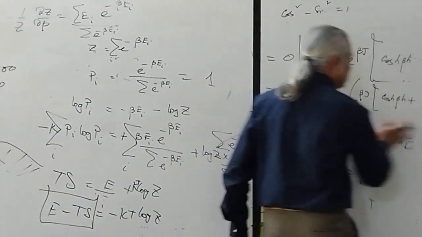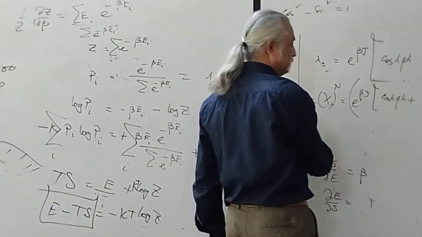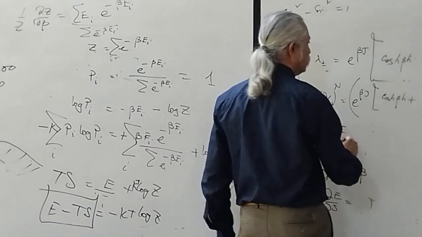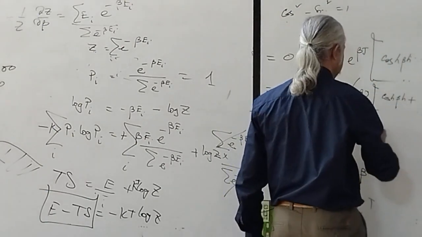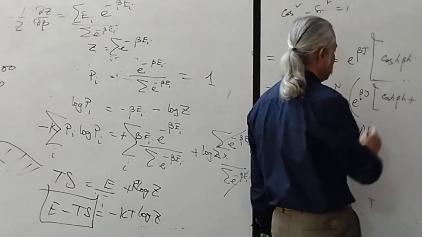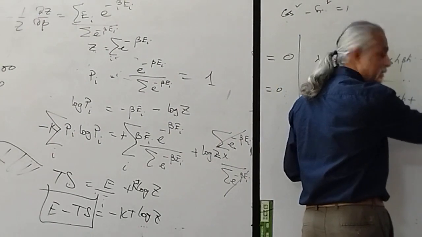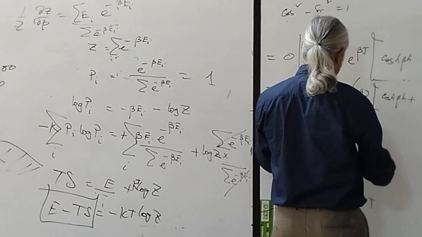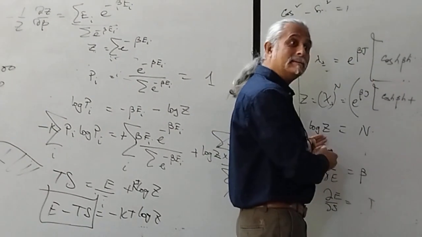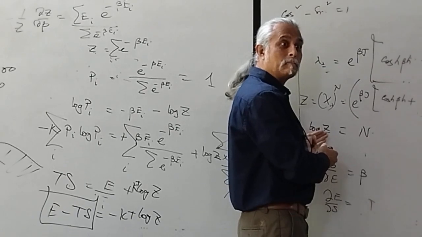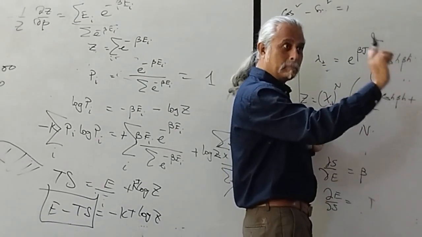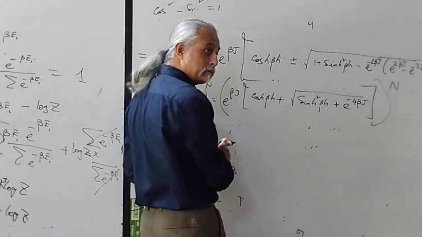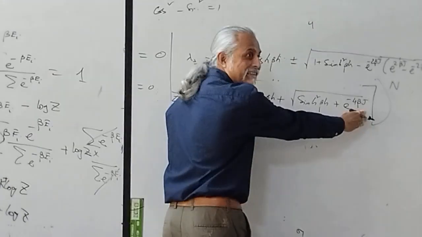তাহলে তার মানে both side log নেই, তাহলে log z equal to n times log of this. আর আমি যদি n দ্বারা ডিভাইড করি, তাহলে n টা চলে গেল, বাকি থাকলো log of this.